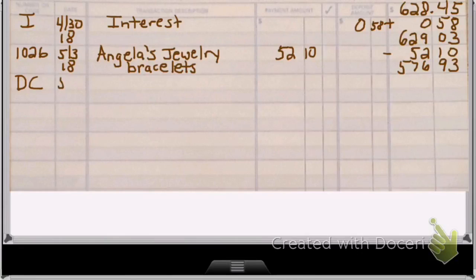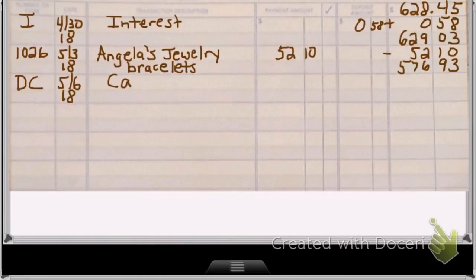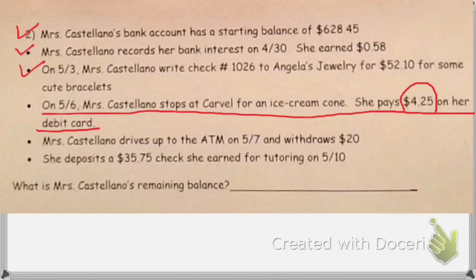So we will write 5/6/18, or the current year. Mrs. Castellano used her debit card at Carvel for an ice cream cone. So in the white box, we'll write Carvel, which is who she gave the money to, and she bought a cone. If she bought something, she's paying money to the store, so that's a payment, and will go in this box. How much did she pay?